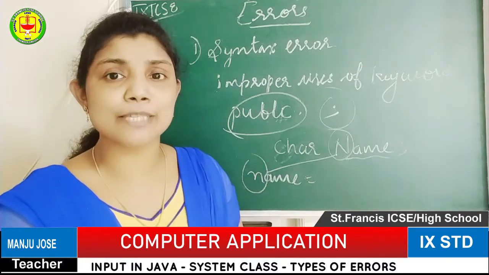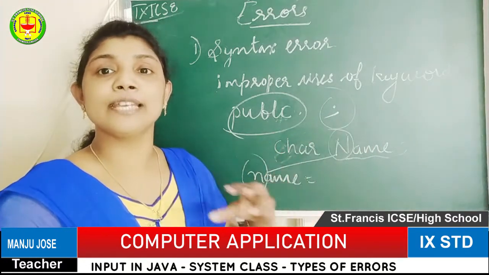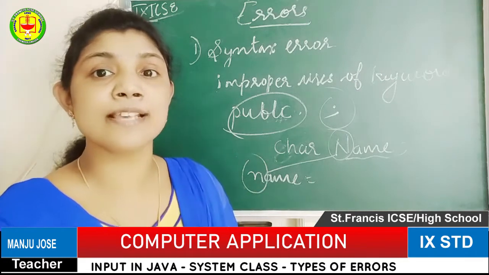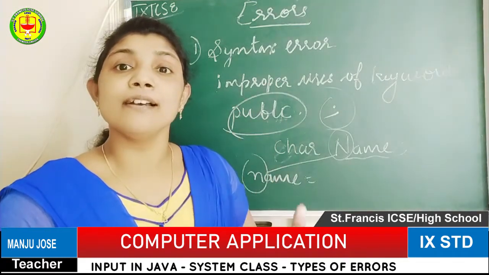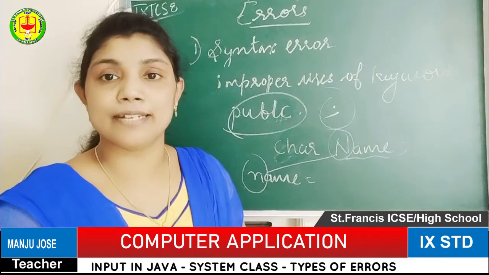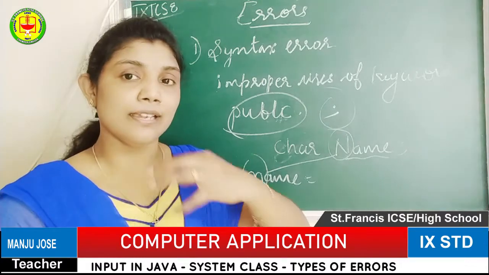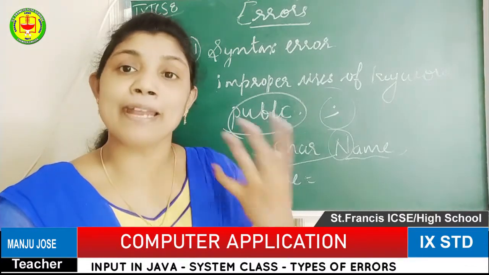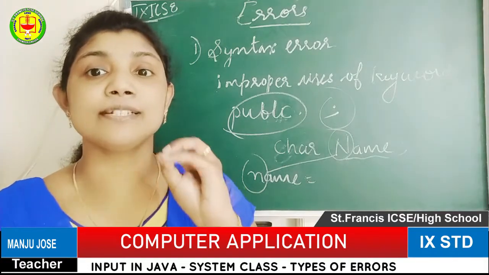So case mismatch, missing semicolons or spelling mistakes in keywords are all considered syntax errors. Violating the syntax of a given command or statement is called a syntax error. We can say these are grammatical mistakes. So this is the first type of error.